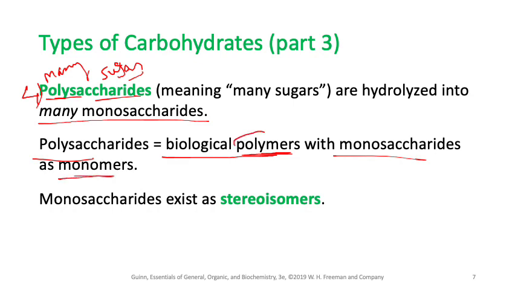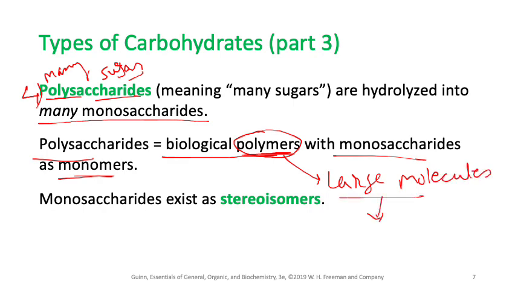So what is a polymer? Polymers are large molecules that are made up of multiple smaller units called monomers. These are the subunits. So polymers are large molecules that have monomer subunits. When multiple monomers combine, you get a polymer.